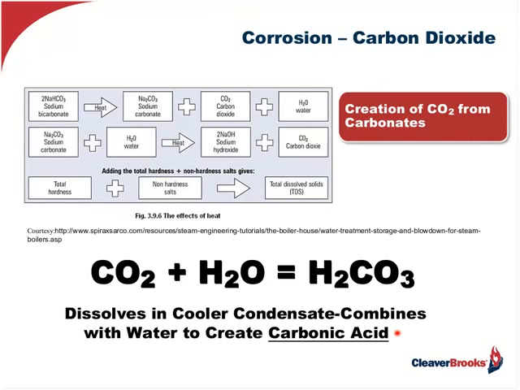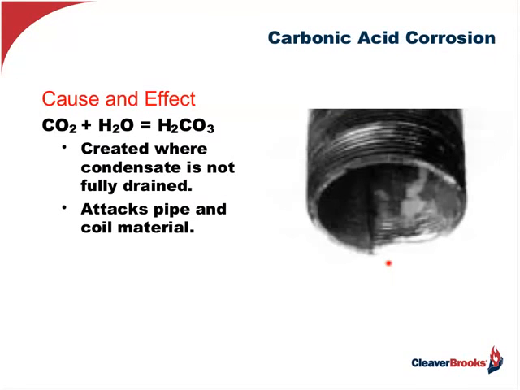And that's what you see here. Carbonic acid will also begin by attacking the weakest points in the piping, such as the threaded connections, and then continue eroding the piping, forming definite grooves and ultimate cracks or holes through which the condensate or the gold will leak.